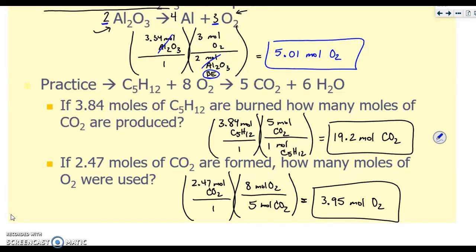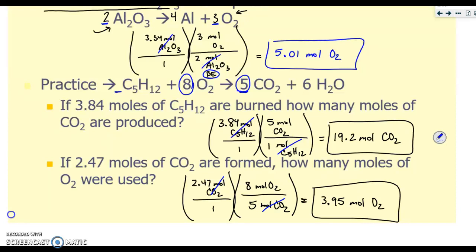But again, it's still just dimensional analysis. So moles of C5H12, it's on top, and they also go on the bottom. I used a 1 and a 5 because those were the coefficients. In the second example, again, moles of CO2 will cancel, and I'm comparing oxygen and carbon dioxide, so I'm using the 5 and the 8 in my mole ratio.